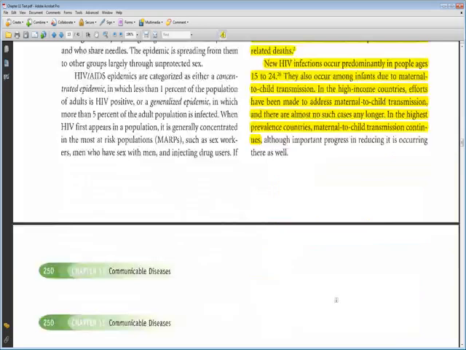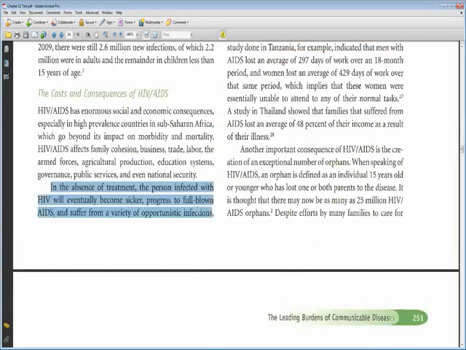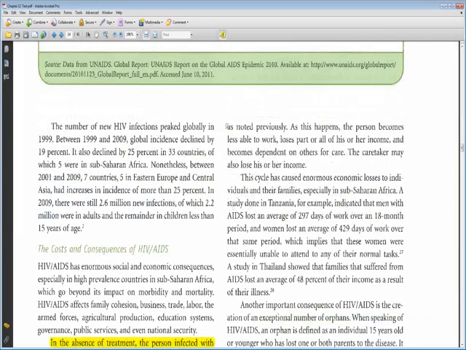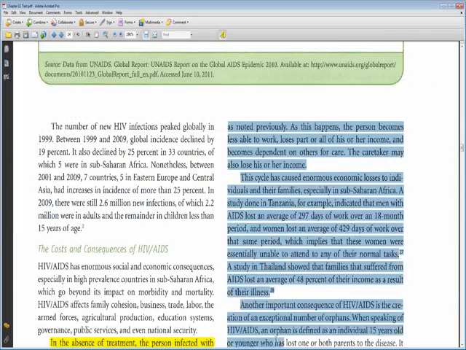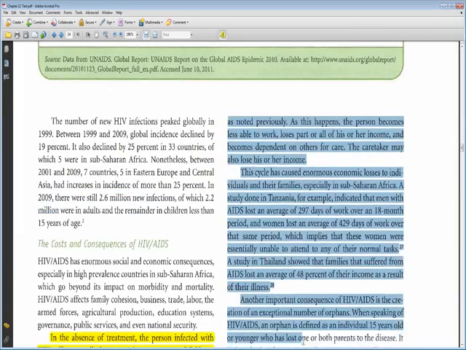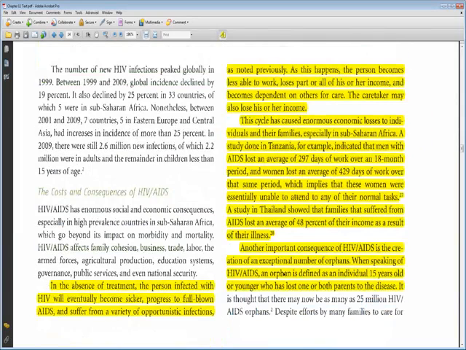Coming down to the cost on the next section, in the absence of treatment, people become sicker, full-fledged AIDS, and that comes down to the cycle. And if you'll notice here, one of the consequences, and we hear about this in sub-Saharan Africa, is the large number of orphans.